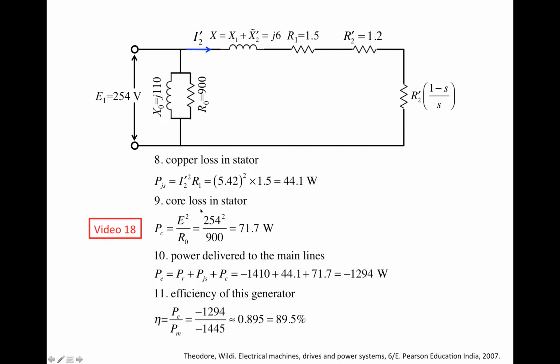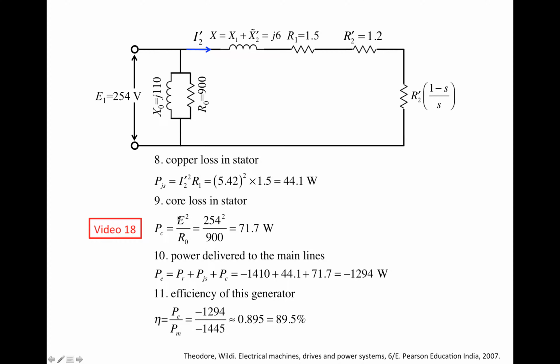Right? And then the core losses in the stator equal what? Equal the voltage across this branch squared divided by the resistance. Right? This equation is actually equivalent to the other equation, but it's using voltage instead of the current.